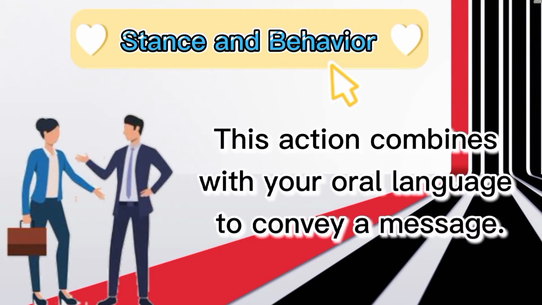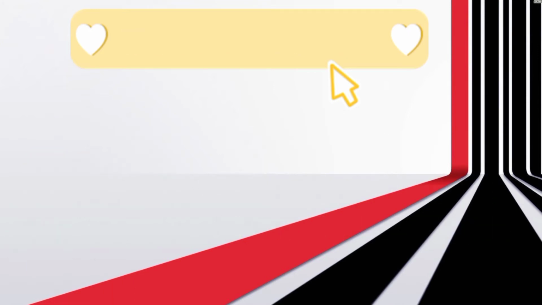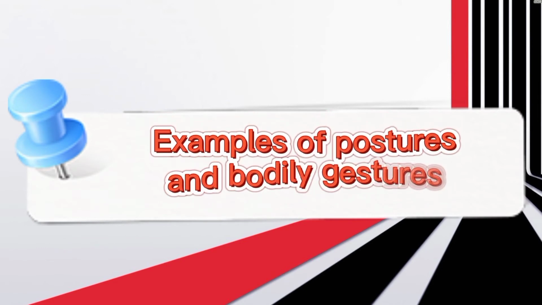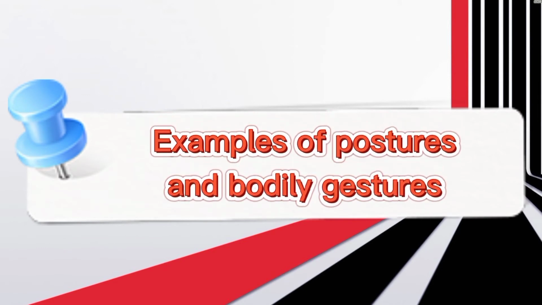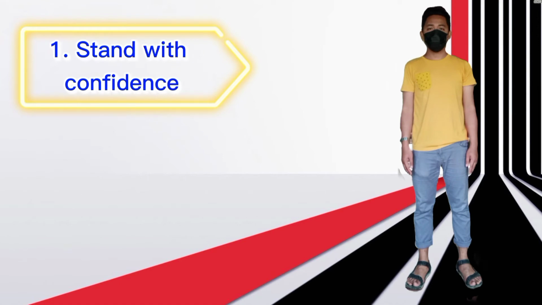This bodily action combines with your oral language to convey a message. Here are some examples of postures and bodily gestures that influence how your listeners understand the message when you are speaking. Number 1, stand with confidence.